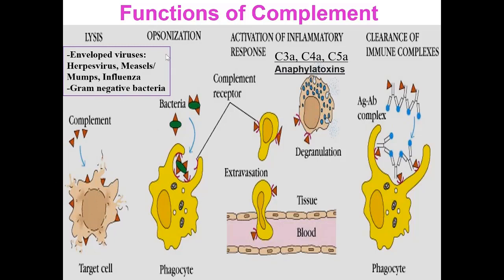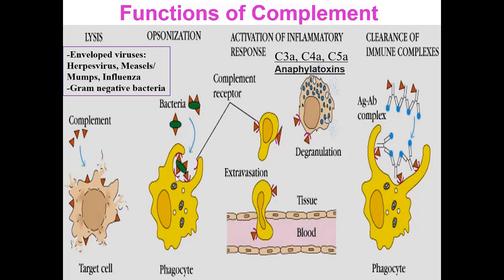Another function of the complement system is opsonization. During the activation of the complement system, some fragments are produced, and these fragments opsonize the bacteria and other cells, as you see here. One of these fragments is C3b. C3b binds to immune complexes, and C3b has a receptor on the surface of phagocytes.